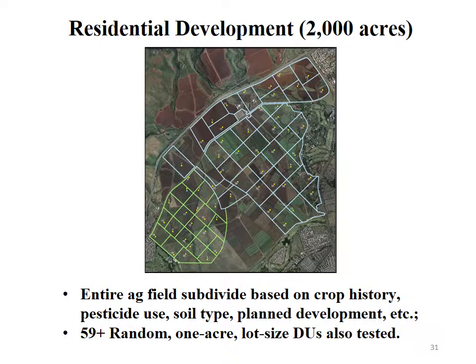Therefore, we're faced with the daunting task of trying to characterize contamination over these very large areas and making reasonable decisions on the contamination of the property, and strategies that we can adequately use to represent this.